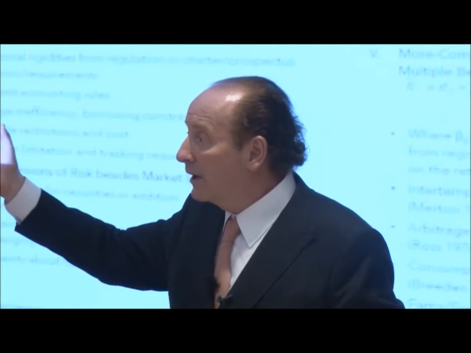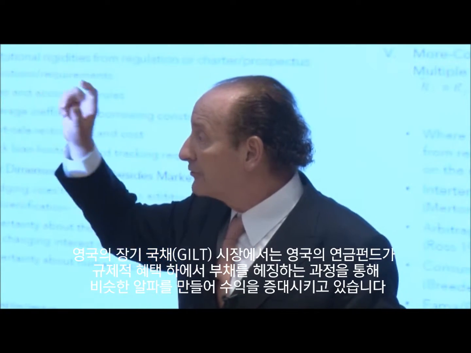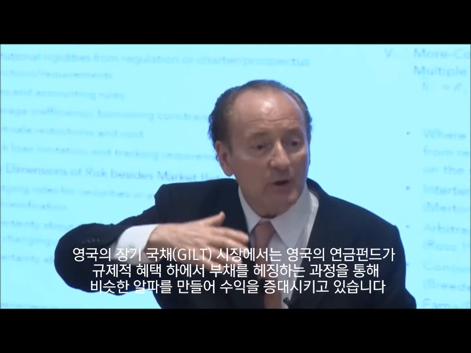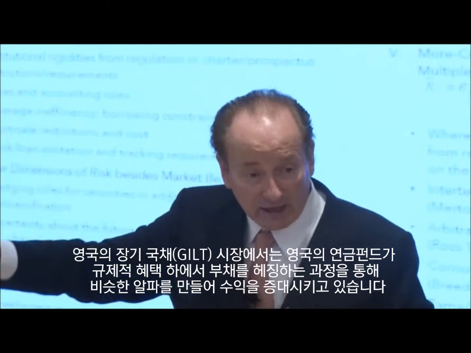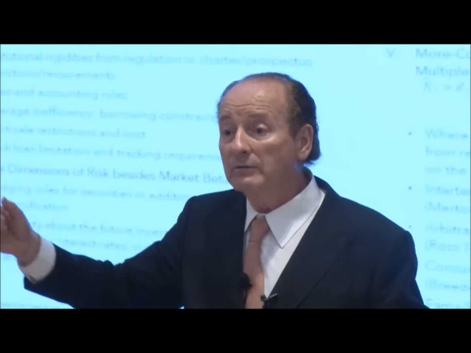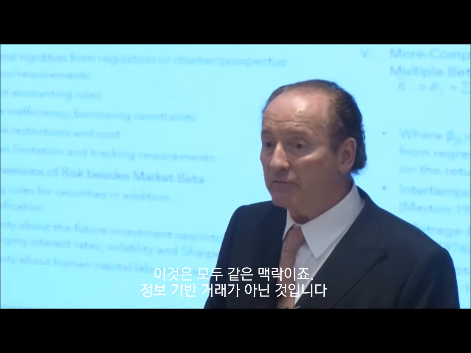Another example would be in the UK gilt market, long term. You'll see sometimes the long-term gilt seems out of line. Why? Because British pension funds are hedging their liabilities because they get a regulatory benefit and they need that extra maturity and they'll pay for it. Same idea. It comes out of the same kind of cloth. It's not an information trade.